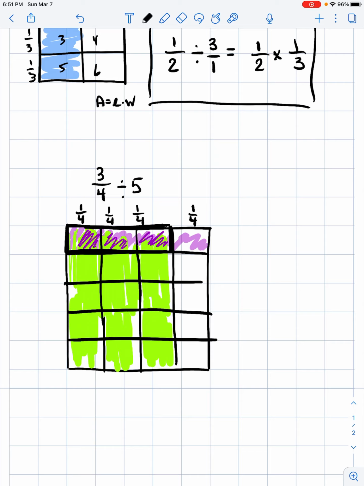Now, what was the original expression? It's 3/4 divided by, and again, I'm going to write it as 5 over 1. I want to find an equivalent multiplication expression from this model. Well, if going down, I have 5 equal pieces because I divided it by 5, each of these is 1/5.